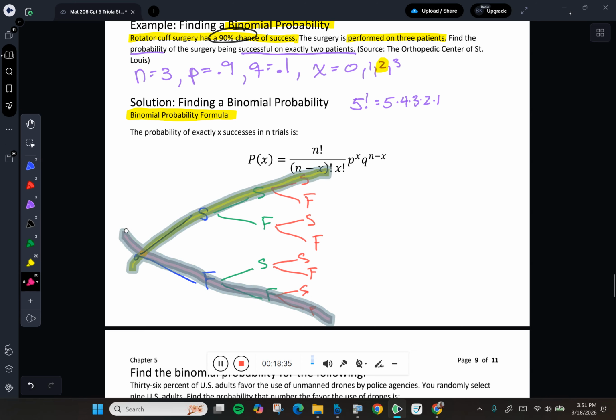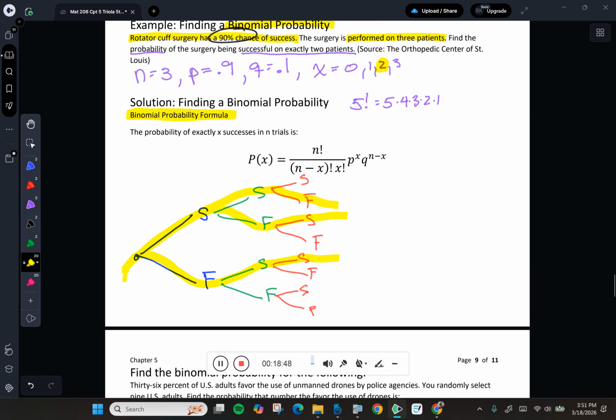Now, our job was just to find the probability of 2 successes. Well, that's this branch, or this branch, or this branch. There's 3 possible outcomes that have 2 successes and 1 failure.